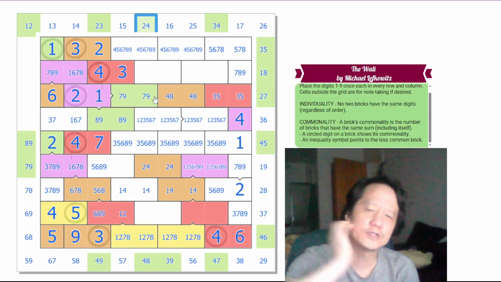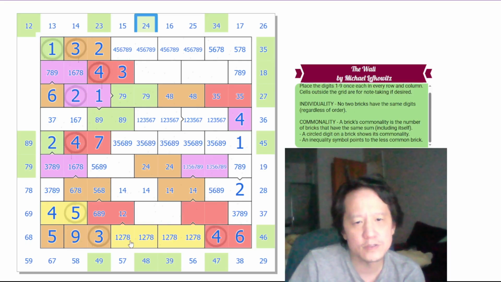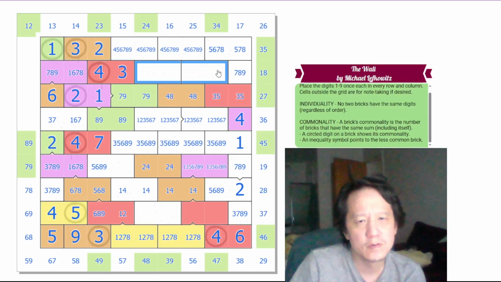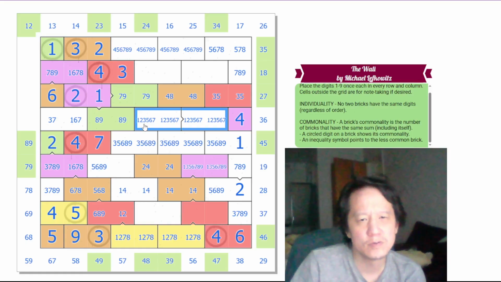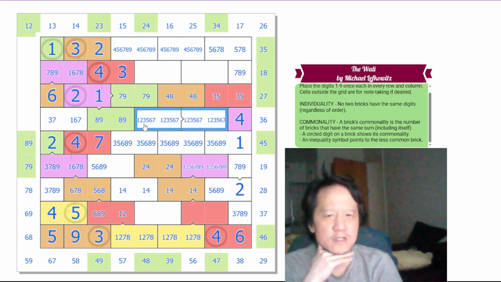We need 2, 5, 2, 6, and 2, 8, and 2, 9. So one of these is 2. One of these has to be a 2. So it's 2, 5, 2, 6 as possibilities here.